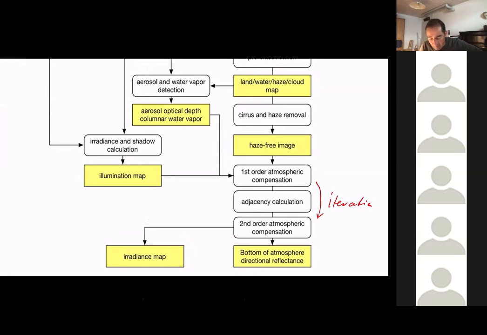And so you get the second order atmospheric correction. And as an output, you get the irradiance for each pixel, and you get the bottom of atmosphere directional reflectance. So this directional thing, that's what you would measure on the ground instead of measuring from the sensor as a reflectance. So if you put up a spectrometer on the ground with the same directionality as the sensor, then you'd measure the same. That's the goal. That's the output of this procedure.